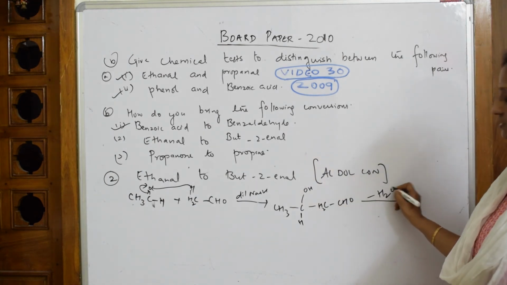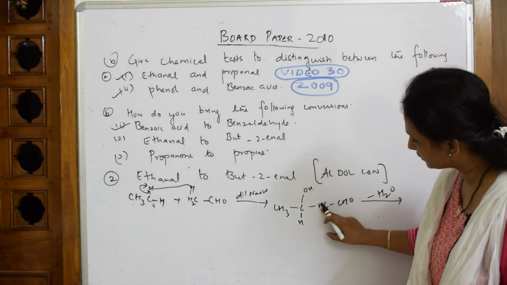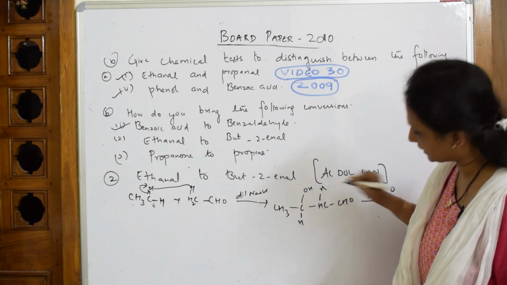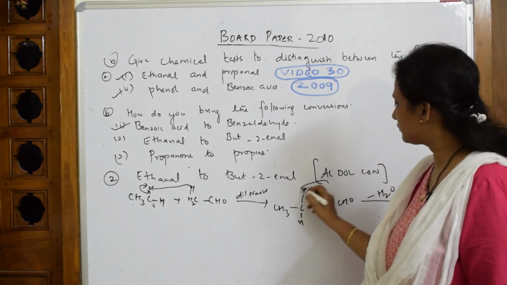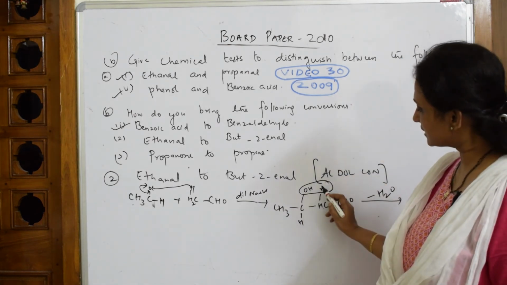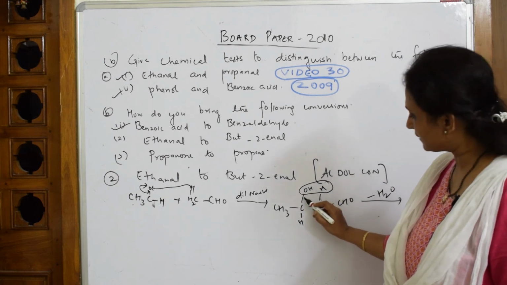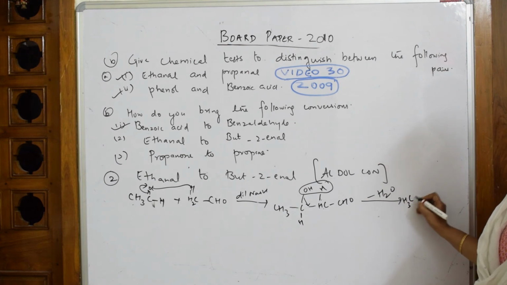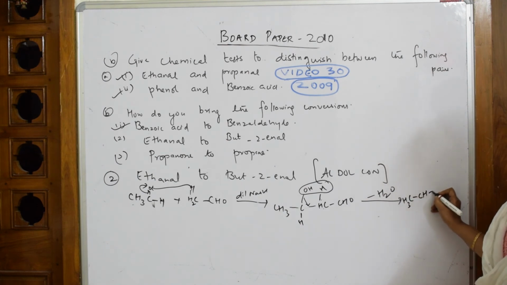Now we are going to eliminate water from this. How do you eliminate water? There is one hydrogen here, isn't it? I am writing that particular hydrogen in this way, so it's easy for me to eliminate. This H and OH come out with this bond, and this bond is going to drop here. What do I get? I'm going to get a CH3. Let us see, I'm going to get an alkene.